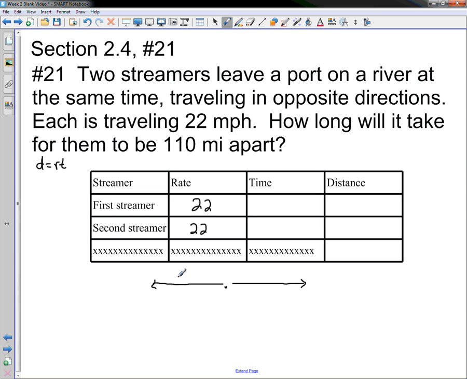So that means both of these are unknown, but they're both the same. Well, to figure out the distance, if I know how fast they're going, I just have to multiply by the time. That's what our formula is. So distance is these two multiplied together. So I have 22t, 22t, and I know the total distance apart is the 110.